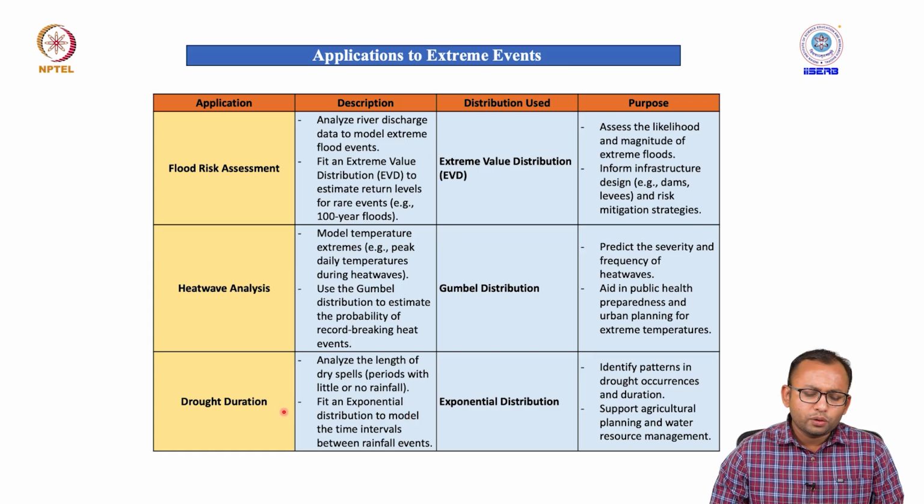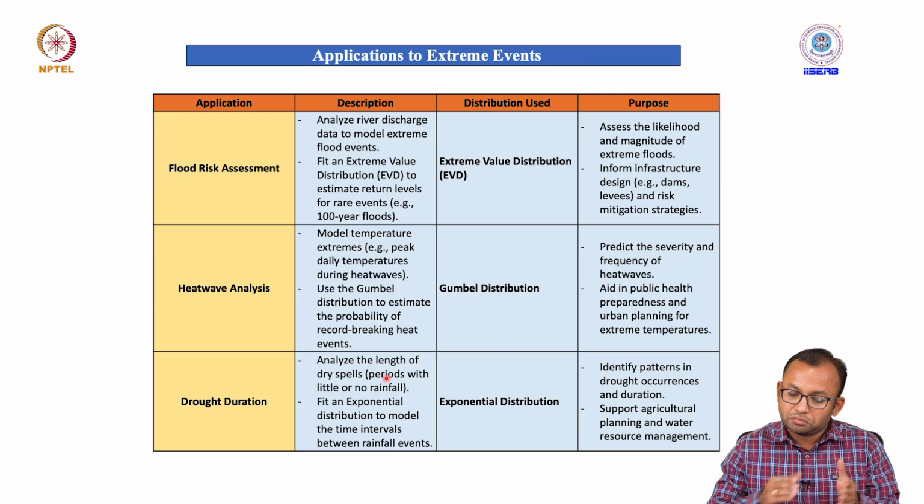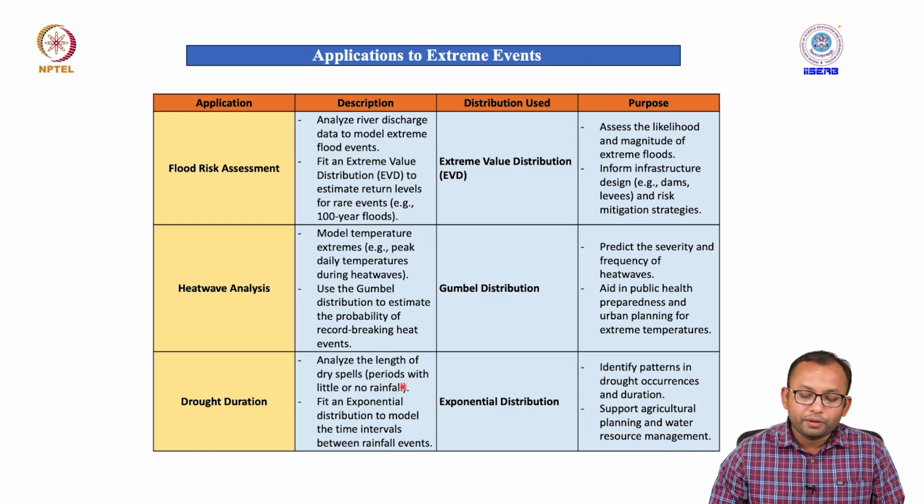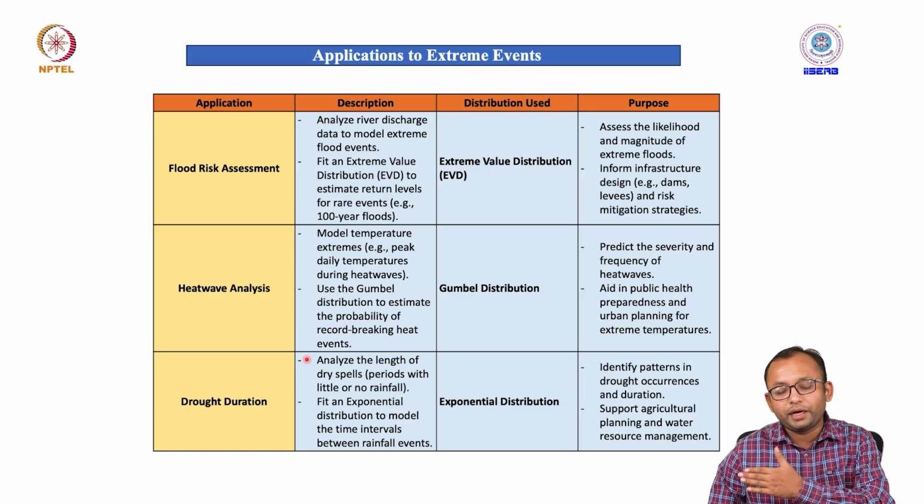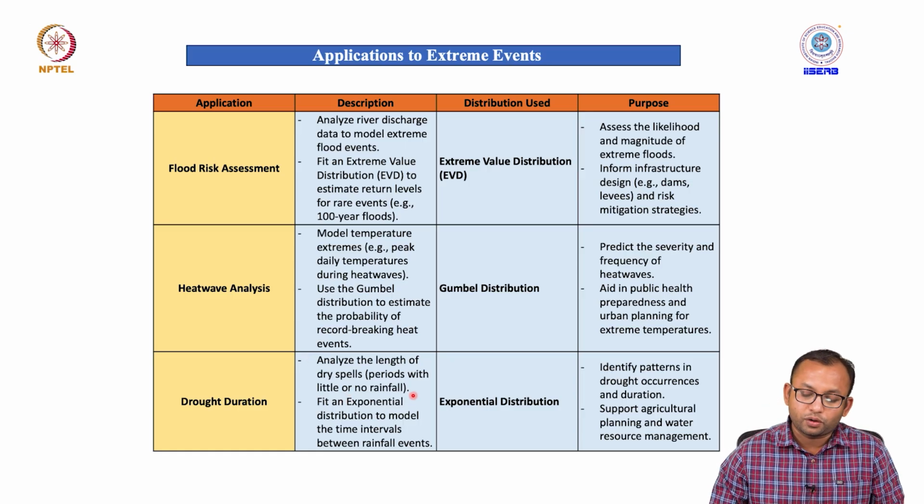Then we can also include drought duration analysis using the exponential distribution function. We can analyze the lengths of dry spells, so different periods where we do not have rainfall at all. In that period we calculate how many times it has occurred in the historical period, and then we use the exponential distribution model to fit the data and calculate the probabilities.